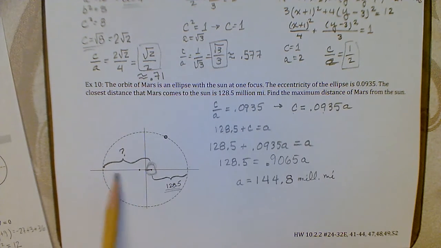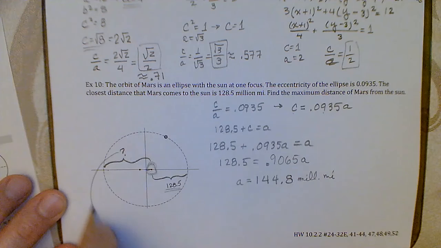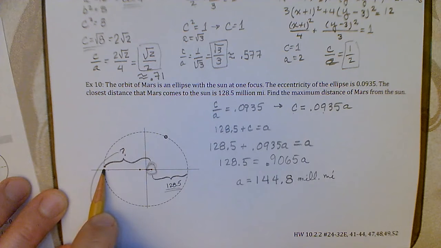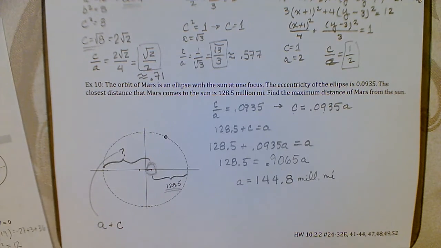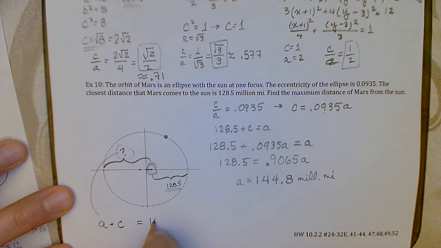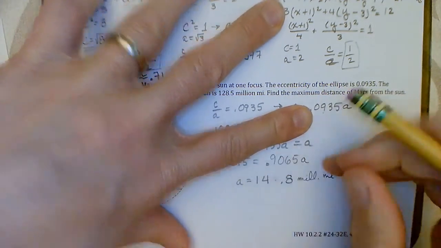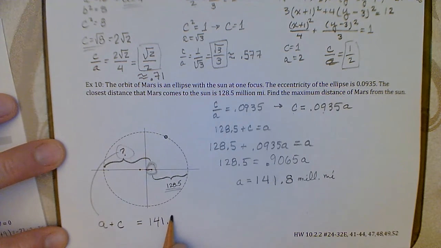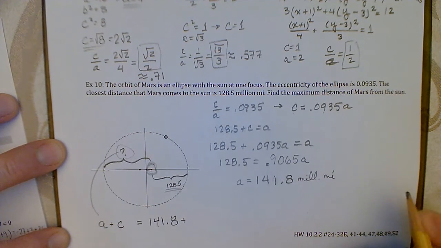Now what we want to figure out is this distance, that question mark up here. Well, that's just A, the distance from the center of the ellipse to this endpoint, plus C. So we want A plus C to find the furthest away distance. That's not 144, that's 141.8 plus our C. Did we find C?